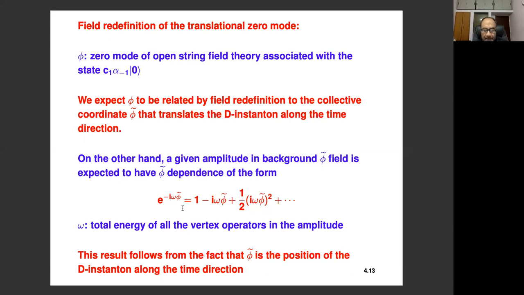And this structure basically follows from the fact that phi tilde is the position of the D-instanton in the time direction. So its dependence on phi tilde should be of this form, right? e to the minus i times energy times the position of the D-instanton. But phi dependence may be a little more complicated because phi is not exactly phi tilde. Phi is related to phi tilde by a field redefinition.